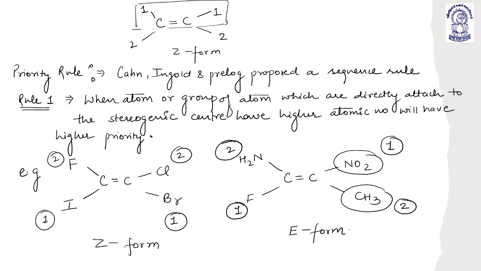So this is the Z form and the E form. According to the first rule, the atom attached to the stereogenic center having the higher atomic number will have the higher priority. Okay, understood?